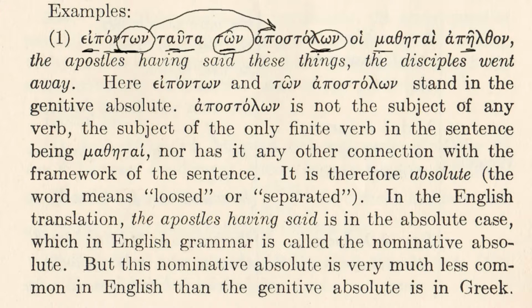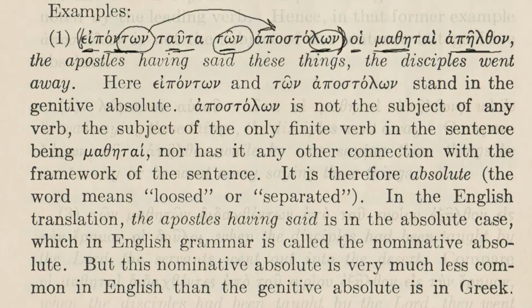So the apostle, having said these things, hoi mathetai, the disciples, apelthon, went away. So you see how that genitive absolute works. We've got kind of a separate phrase right here, stands by itself. That's why it's called absolute, because it isn't dissolving, as it were, into the rest of the sentence. The apostles, having said these things, the disciples went away. Genitive absolute, good illustration of it.